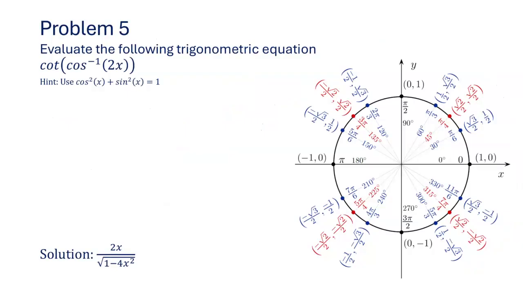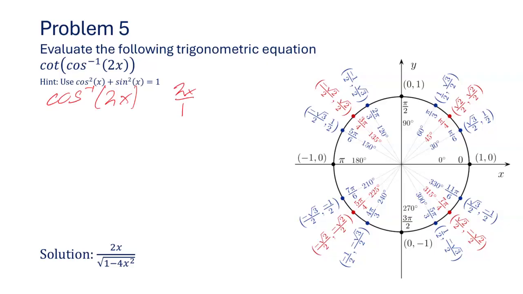Yeah. Cool. All right, so we're going to find out what kind of triangle we get out of 2x, because we're going to get an angle from the inverse cosine of 2x. We know that it is giving us a ratio of 2x over 1.